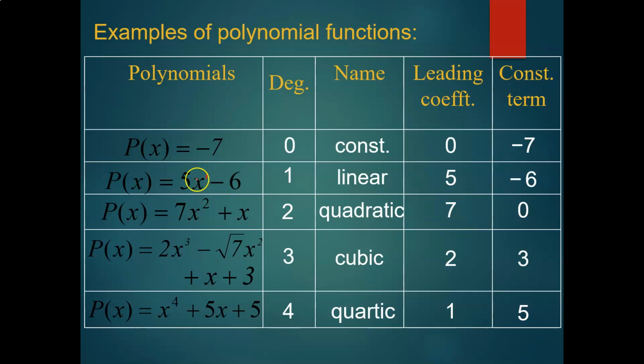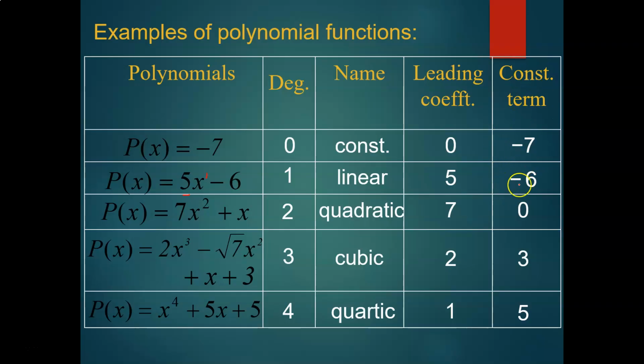So in here you have x, find x with the highest degree. So x with the highest degree is this one. What is the leading coefficient? The coefficient at the front. So the leading coefficient will be 5. Okay, over here.